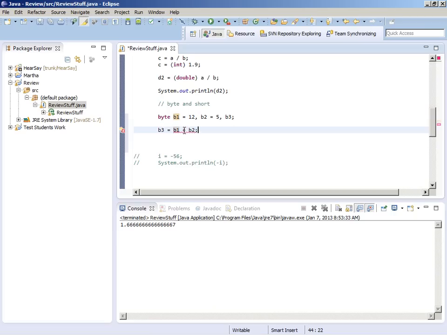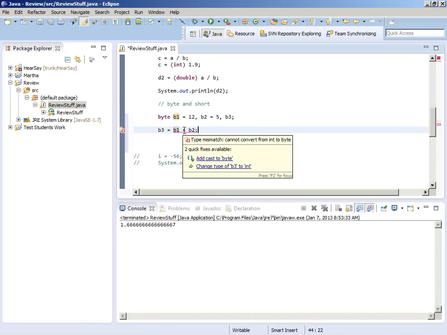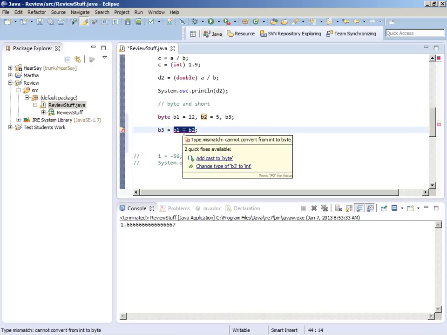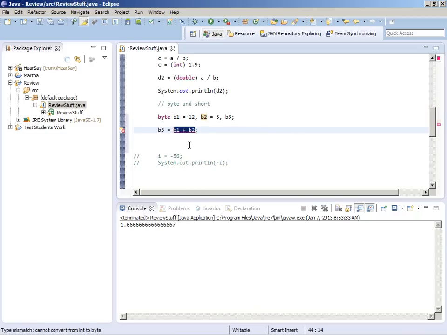But there is no addition operator for bytes or shorts. So when you write B1 plus B2, Java promotes both of these to int so that it can do the addition in int. So 12 plus 5 is 17 in int data type. It won't fit in a byte, so it won't compile.